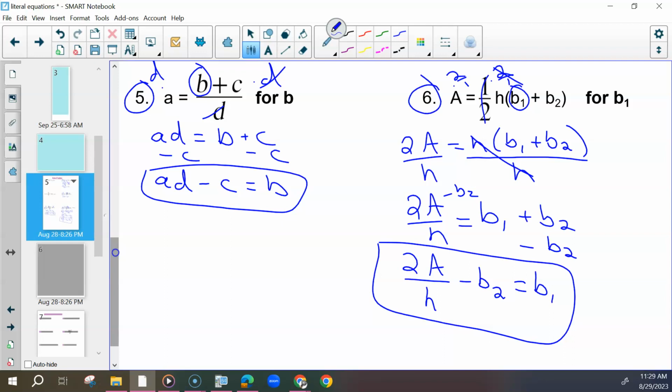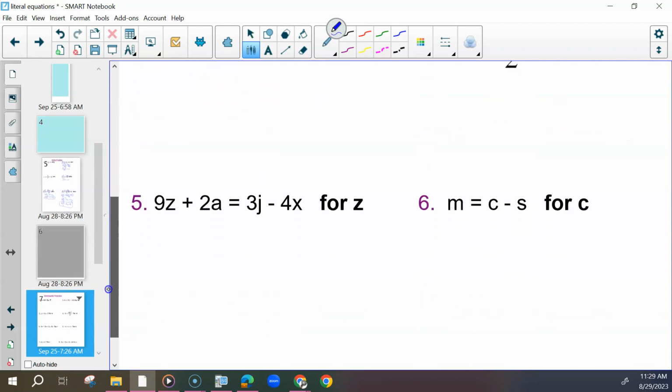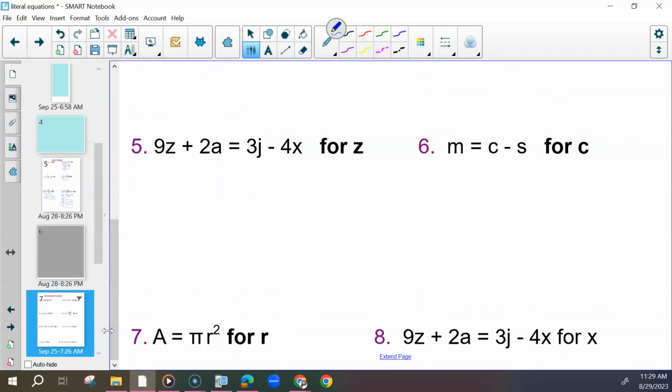I want you to look at the very last page and find any others you want to see go over. After we do these, today is a short day, and then we'll be done. Five or seven. I'm going to say that 5 and 8 are very similar.